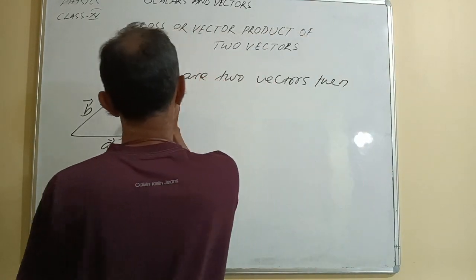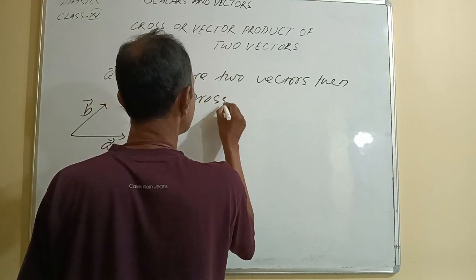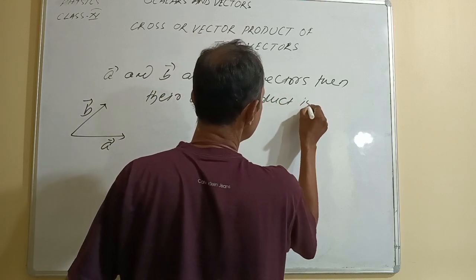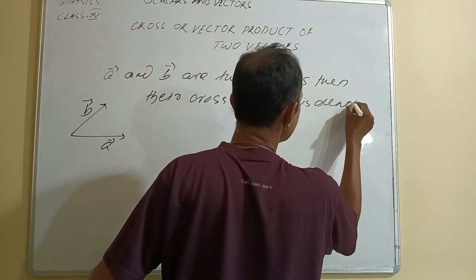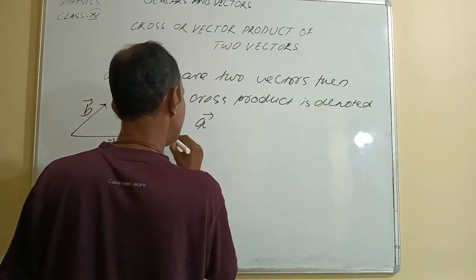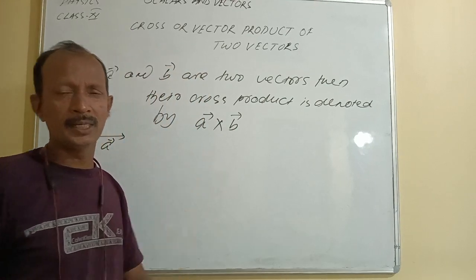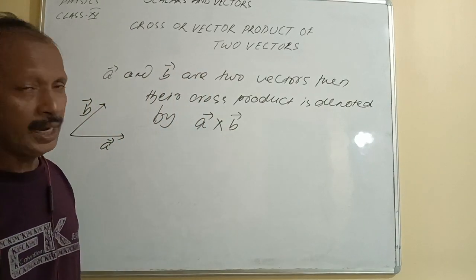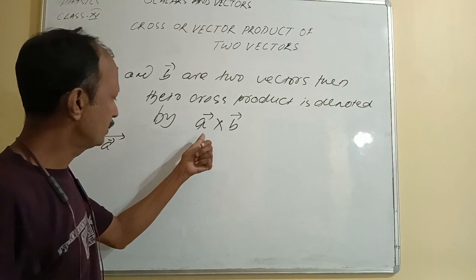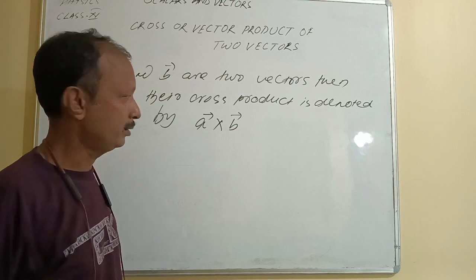Then their cross product is denoted by vector A cross vector B. In this case, A is the vector, B is the vector.